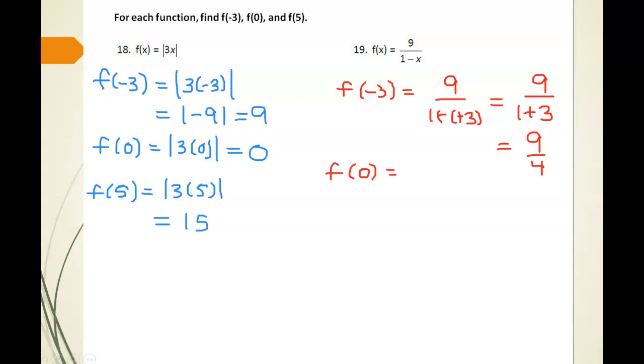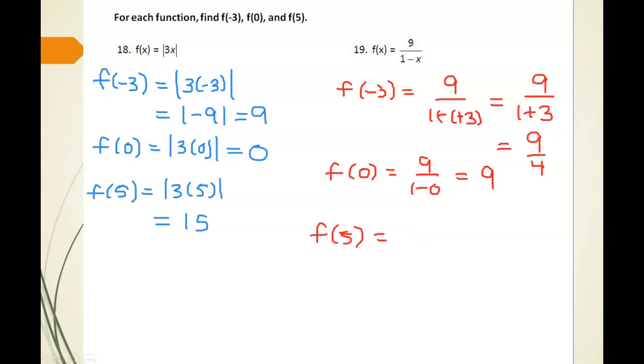F of 0 is 9 over 1 minus 0. Well, 1 minus 0 is the additive identity. So 1 minus 0 is the same as 1. 9 divided by 1 is the multiplicative identity, which says 9 divided by 1 is 9.